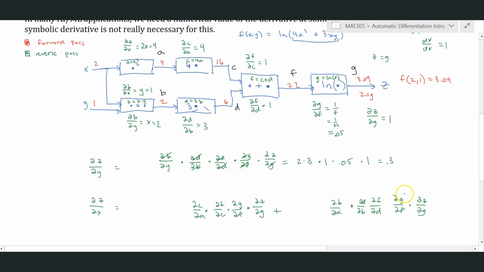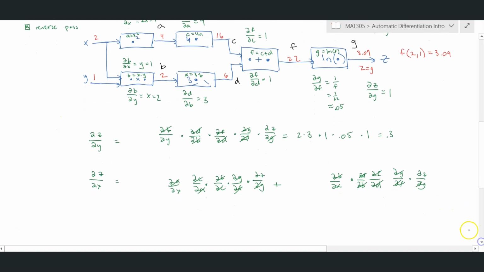And again, we want to just make sure that we end up with dz dx, which we do, because all of these guys cancel, and we're left with dz dx. Now using the top route, dc dA multiplied by dA dx, that will also give us dz dx, but from the different contribution of x just in that top term.